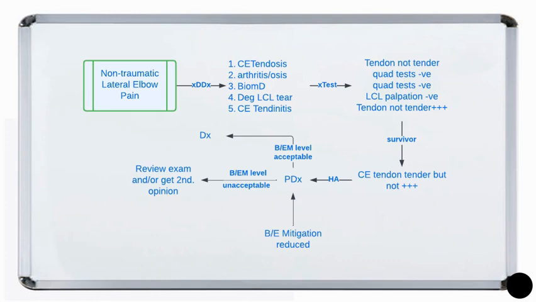Now, what's interesting is that the bias and error mitigation process has been reduced. And it's been reduced because bias and error mitigation is mostly, not entirely, but mostly about differential diagnosis. And we've already done this up here. So what we have is a system that looks complicated if we go through hypothetico-deduction and take it into the differential diagnosis.